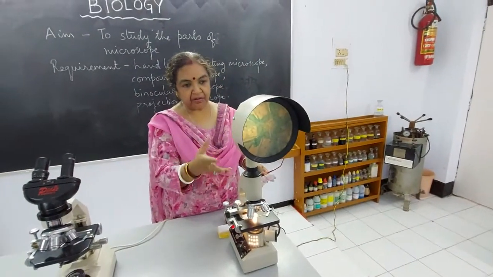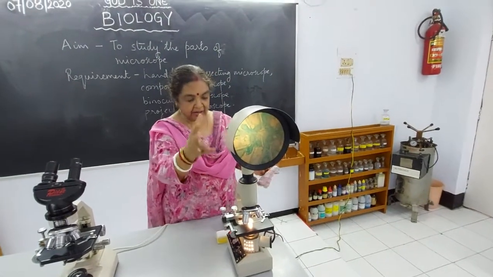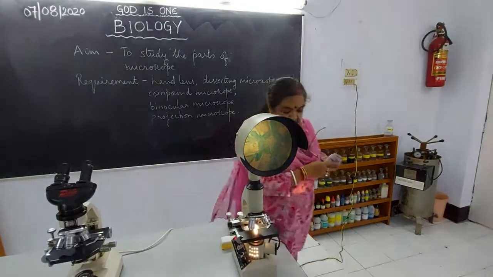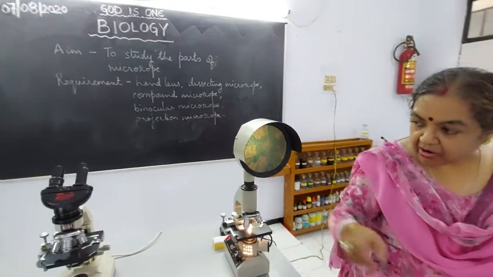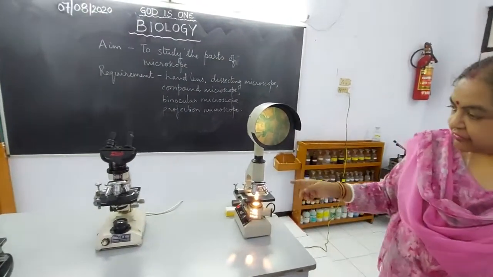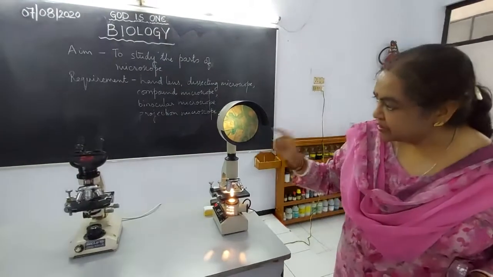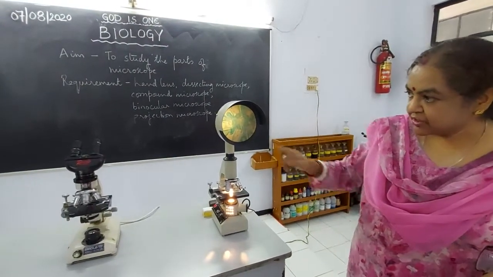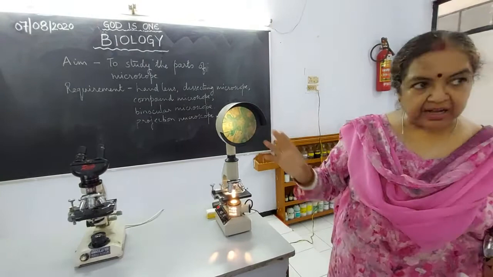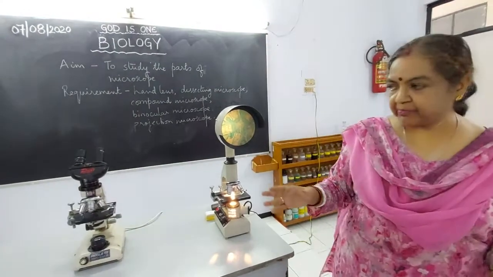And instead of an eyepiece, here a big projector lens has been used, by which you can see all the things over here. Like here we have put a slide showing the placentation. So it is a stained slide, so the whole class can see it together, a number of people can see it together.